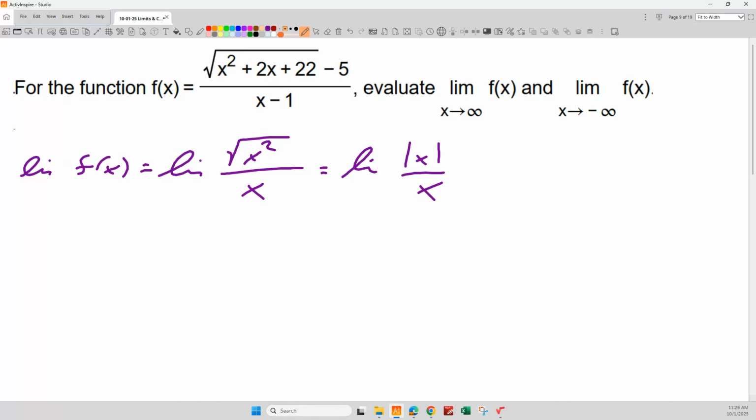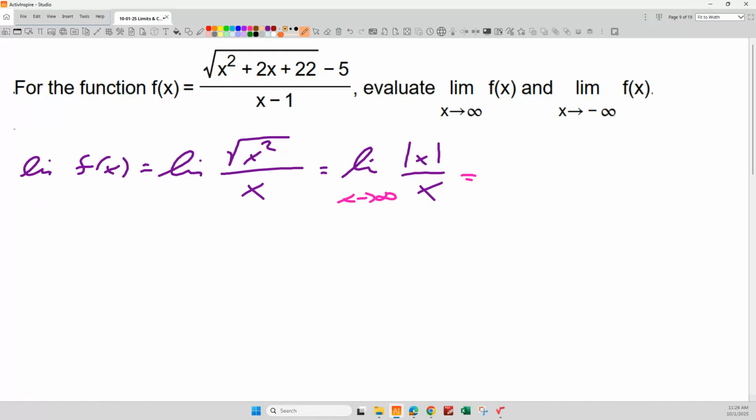And so now what happens if we approach positive infinity? What's that answer going to be? It's going to be infinity. No, it's going to be 1, right? Because as x approaches positive infinity, is x positive or negative? Well, let me say it again. As x approaches positive infinity, is x positive valued or negative valued?